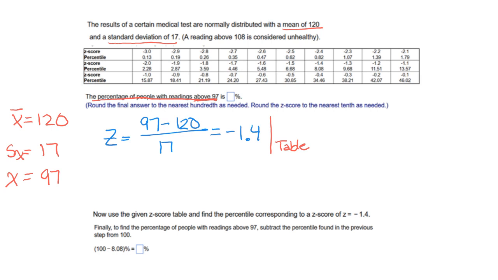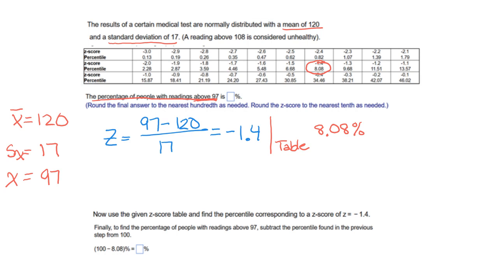So we're looking for negative 1.4. And when we find it, we get a percentile of 8.08%. All right, so we have to remember that this 8.08% represents below the z-score.